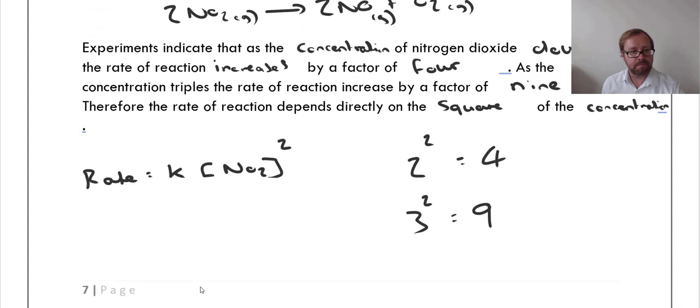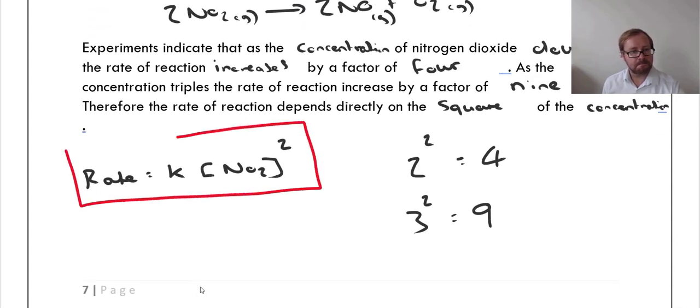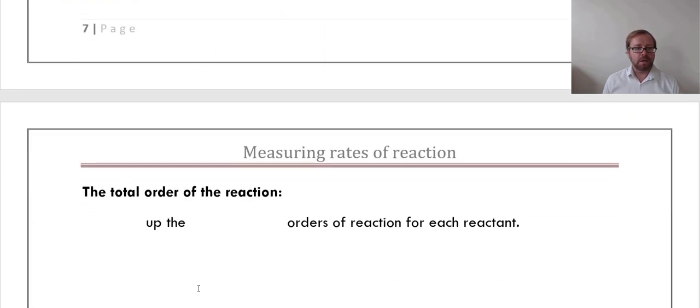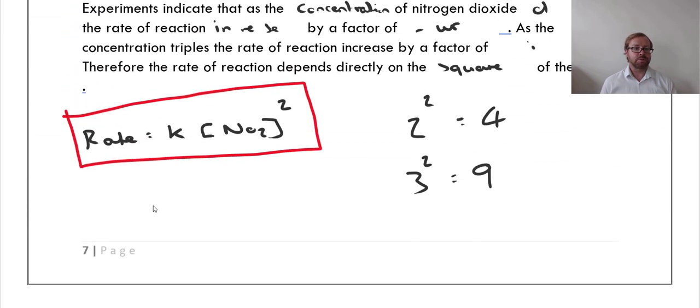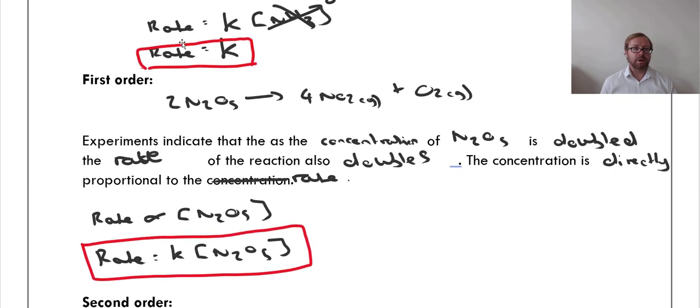And lastly, okay, so moving on. So the total order of the reaction: add up the individual orders of a reaction for each reactant. So in my examples up here, we only have one reactant.